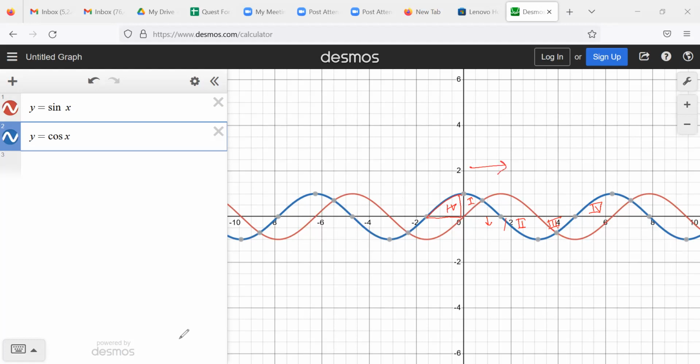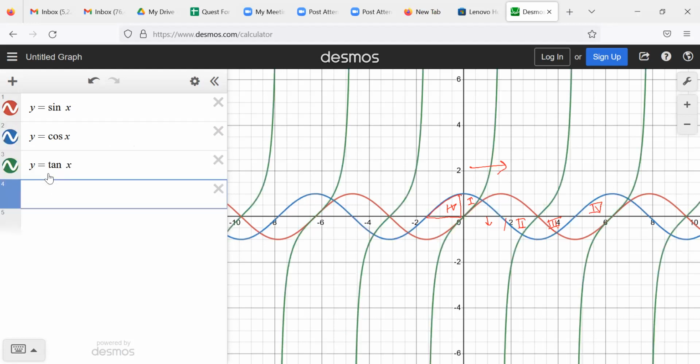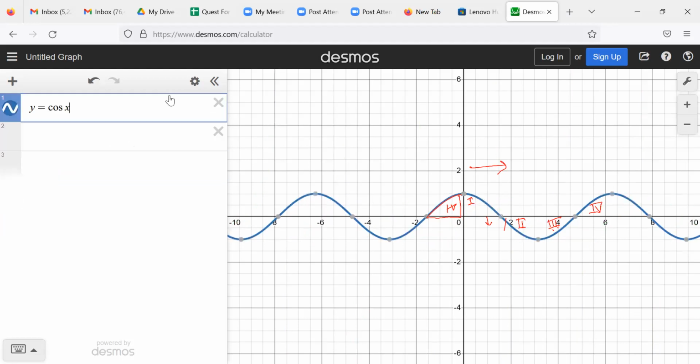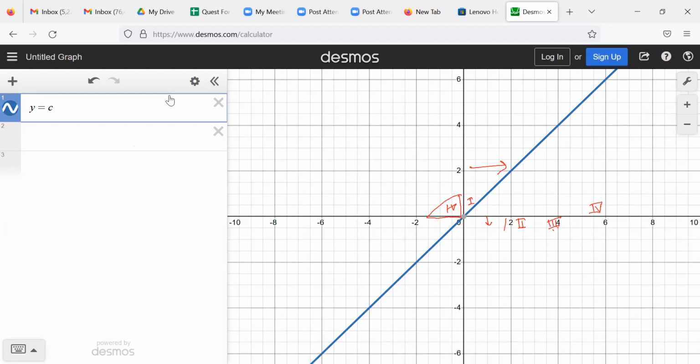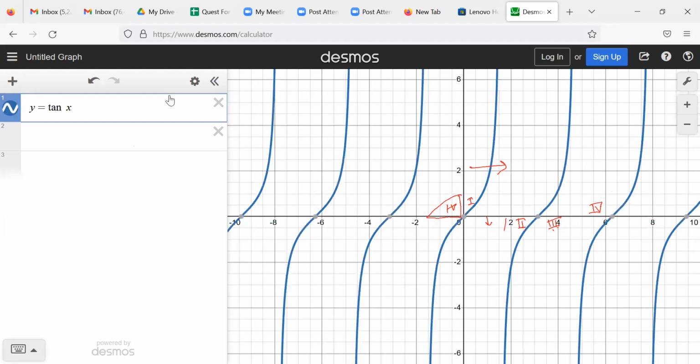Okay. And for the tan graph, just focus on tan. Sorry. Now, even tan, if you observe the tan, from 0 to 90, it is positive.